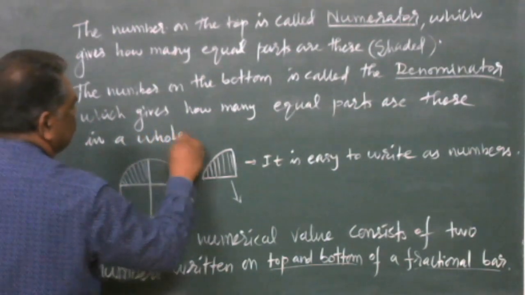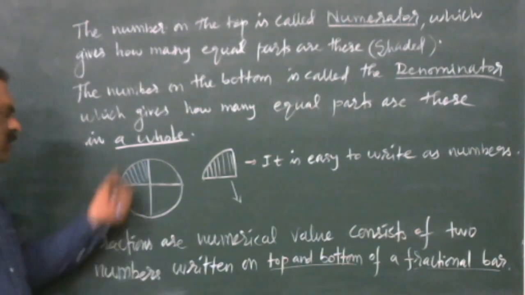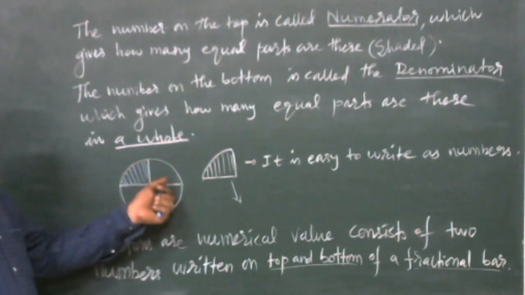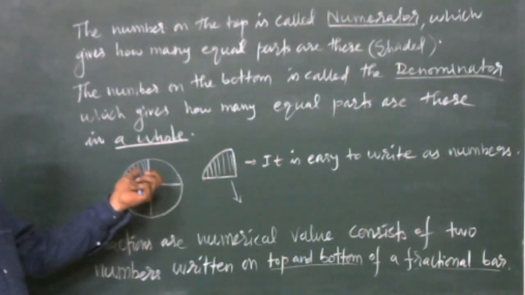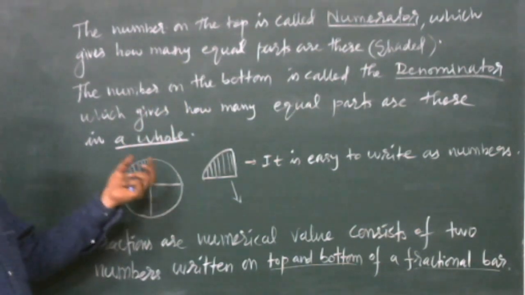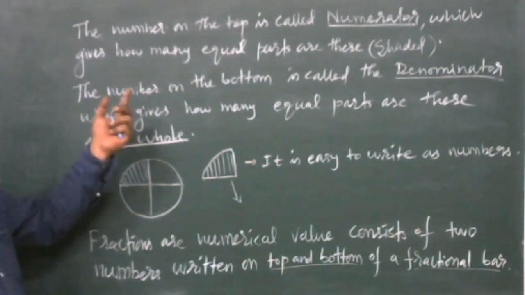Very important: in a whole. So in one whole thing, how many equal parts are there? That is called the denominator. Out of 4 parts, how many parts are taken, how many are shaded, how many you have got, is called the numerator.